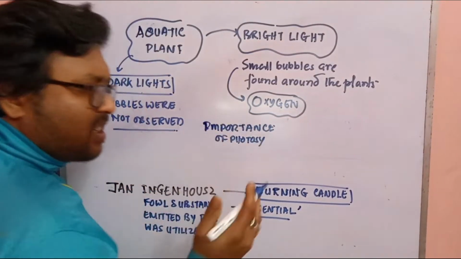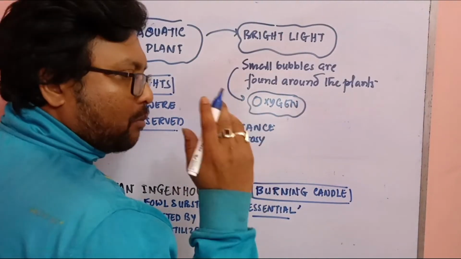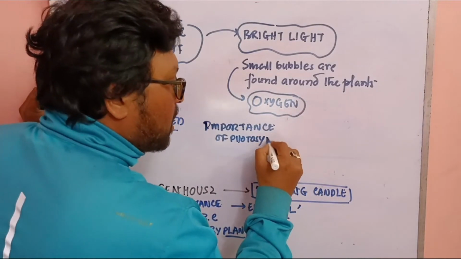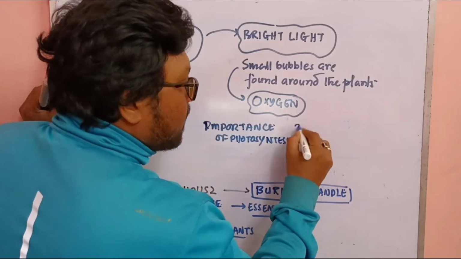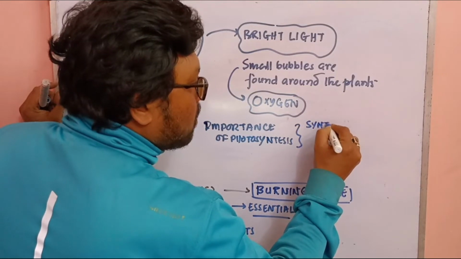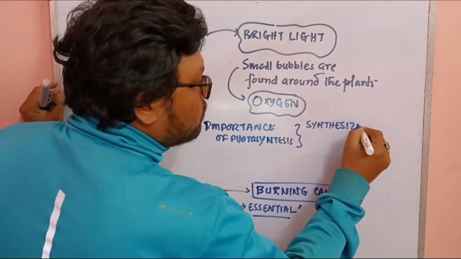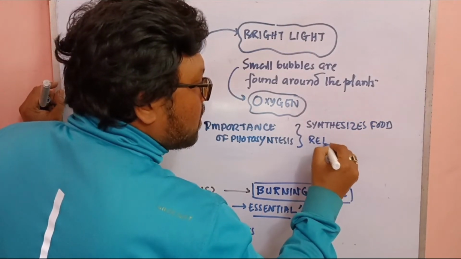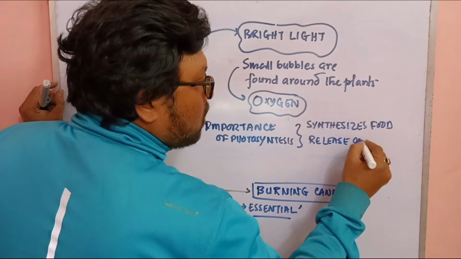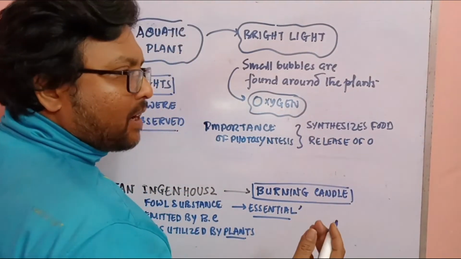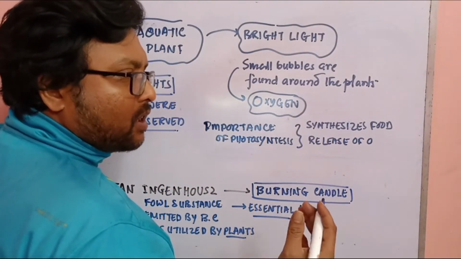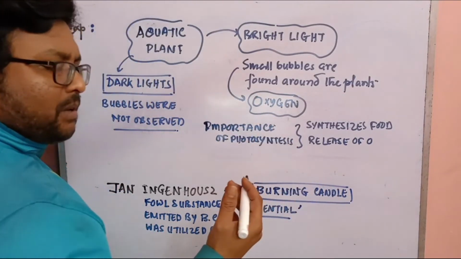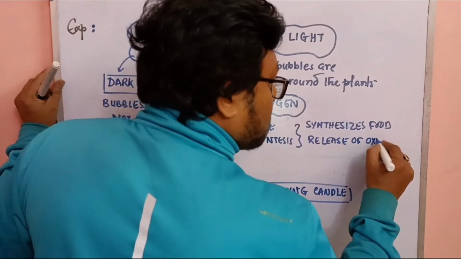There are several such importances, among which two are very important. One, it synthesizes food, and the other is that it helps in release of oxygen, which is very much required for each and every living organism, even plants as well as animals, for their survival. Oxygen.